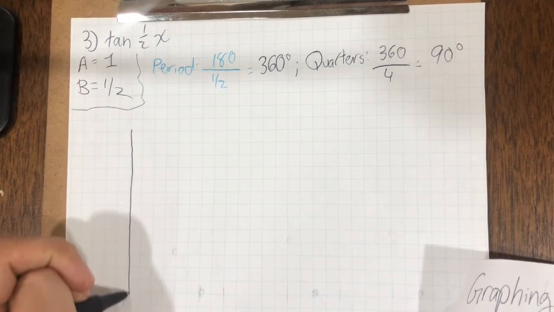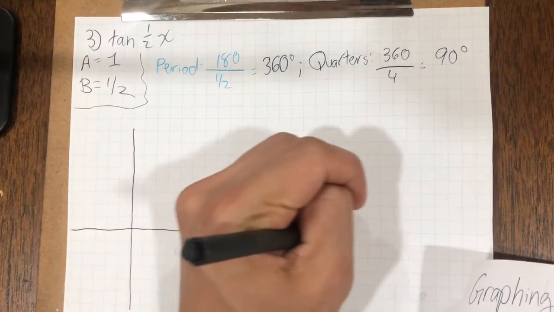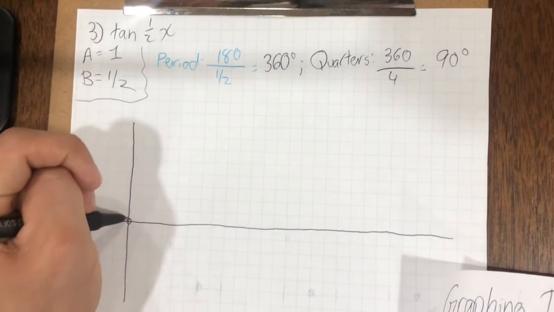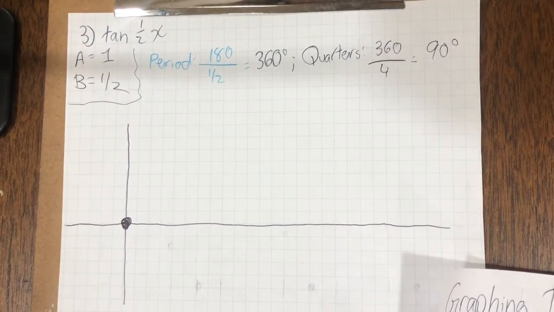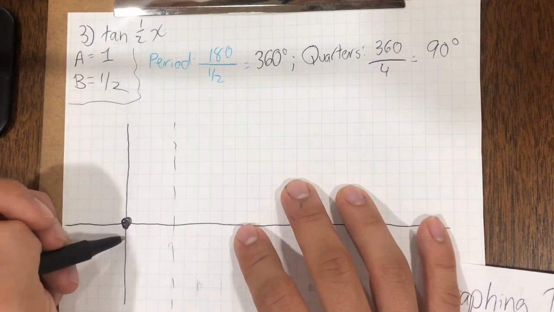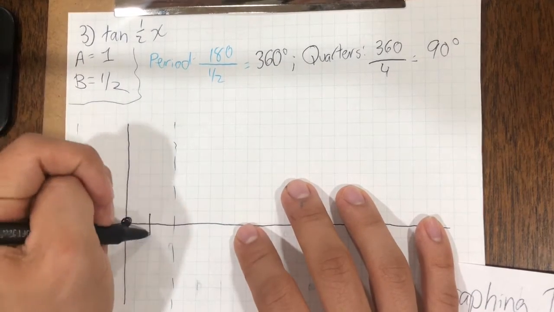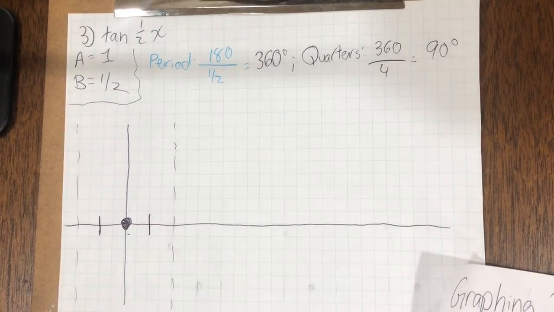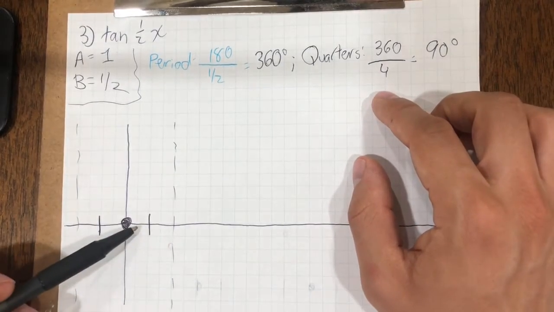So the numbers are definitely going to be bigger. Okay, so I have my midpoint over here at 0, 0. And then I have my two asymptotes on either side, and then I have my other halves. Now, we know that the quarter to get from one x value to the next is 90.